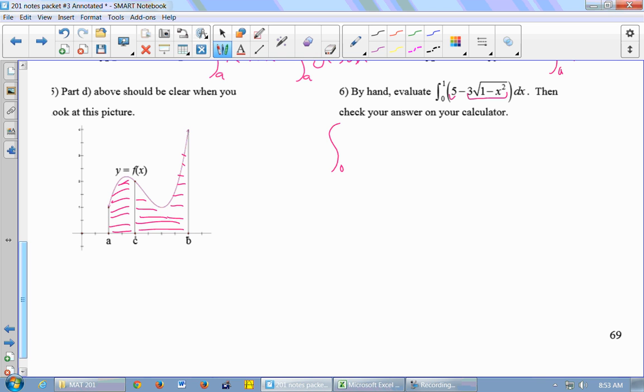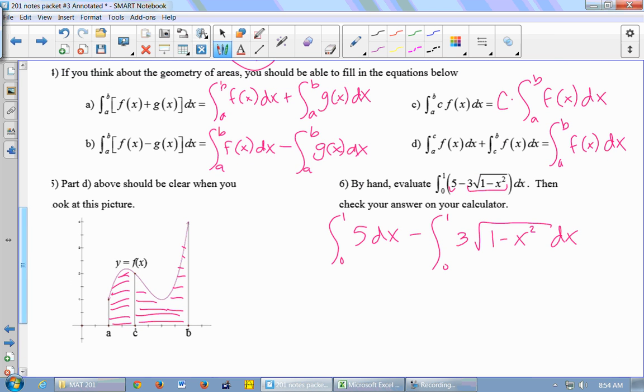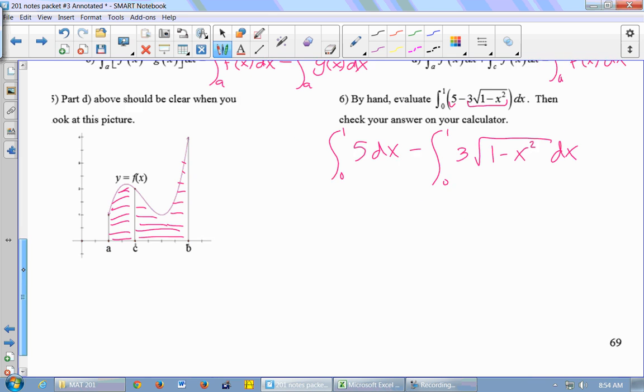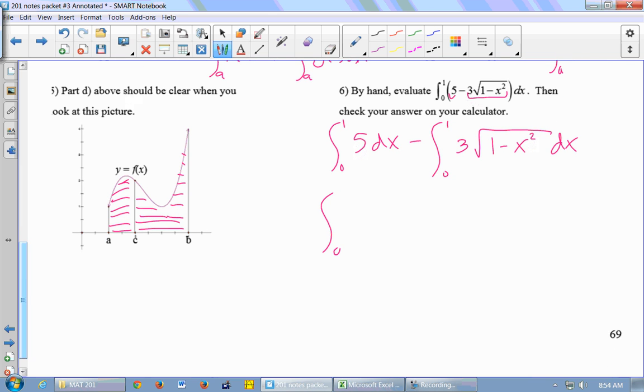This will be the integral from 0 to 1 of 5 dx minus the integral from 0 to 1 of 3 radical 1 minus x squared dx. And then I can take that 3 and pull it outside the integral, property C there. You take the scalar outside. So this becomes the integral from 0 to 1 of 5 dx minus 3 times the integral from 0 to 1 of radical 1 minus x squared dx.